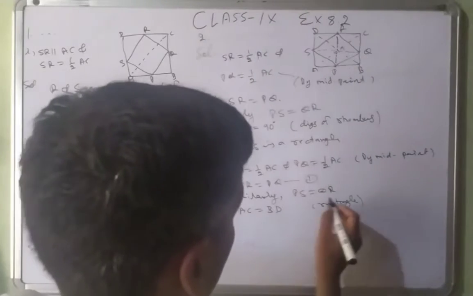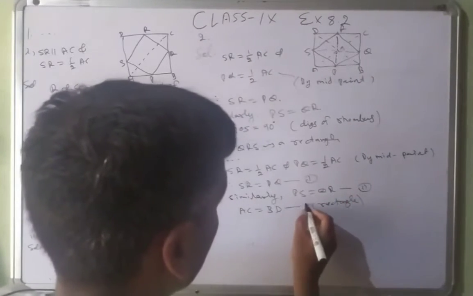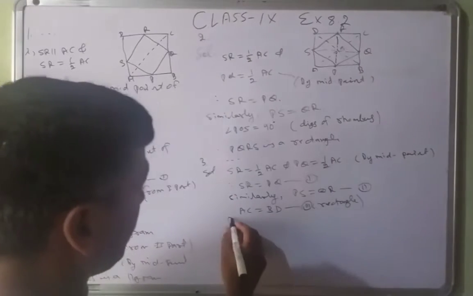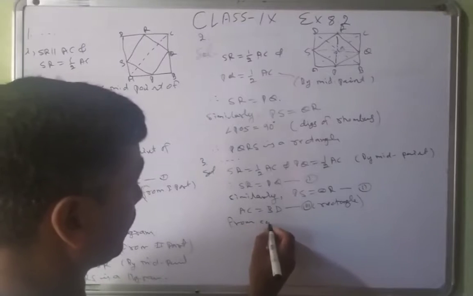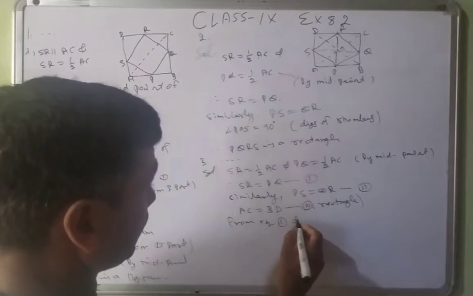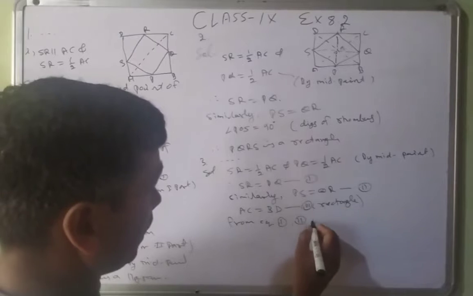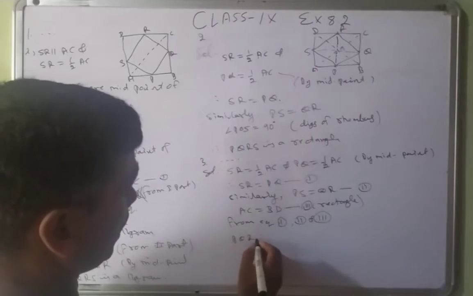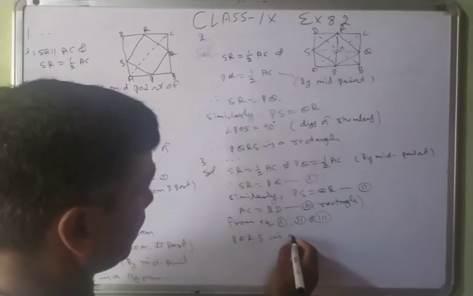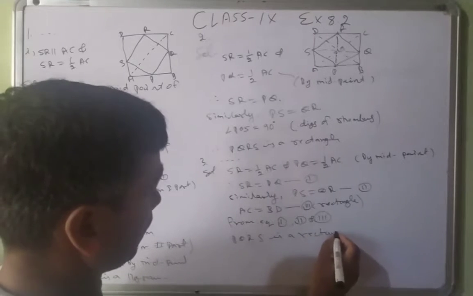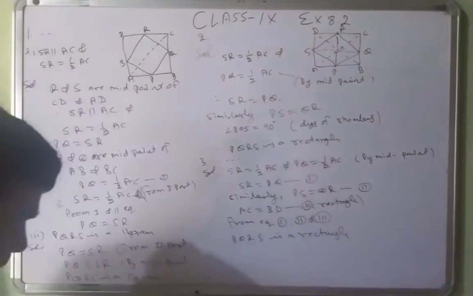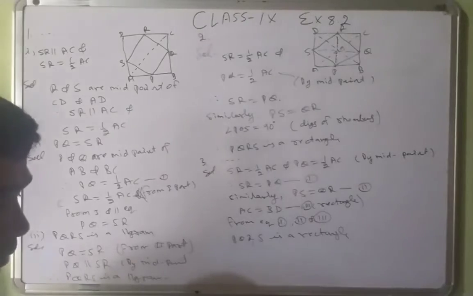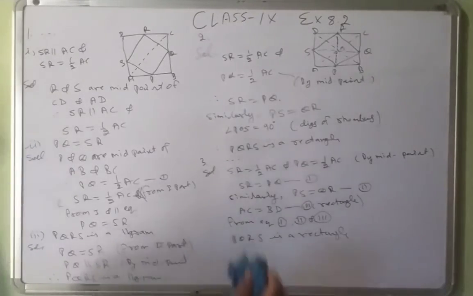That is the third equation. So from the first, second and third equations, PQRS is a rhombus. Fourth question: this is also a very simple type of question.